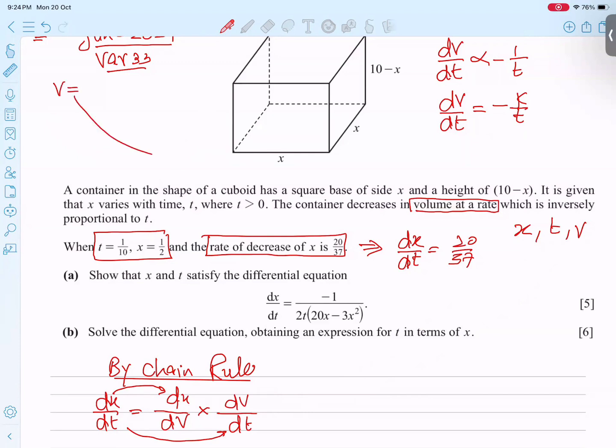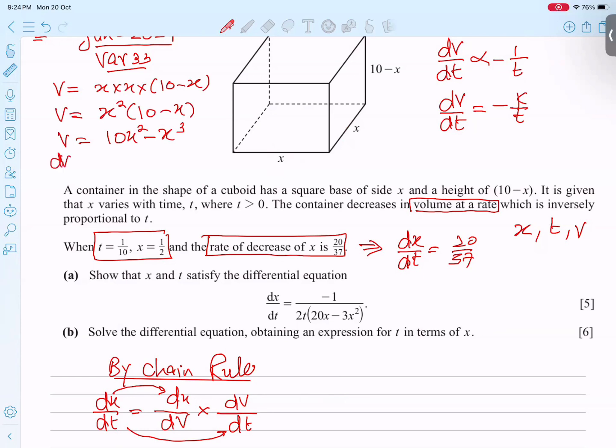The volume formula of the cuboid is length into width into height. I'm getting x into x into 10 minus x. So basically I am getting 10x squared minus x to power 3.